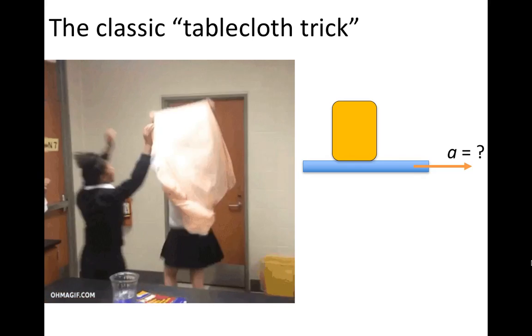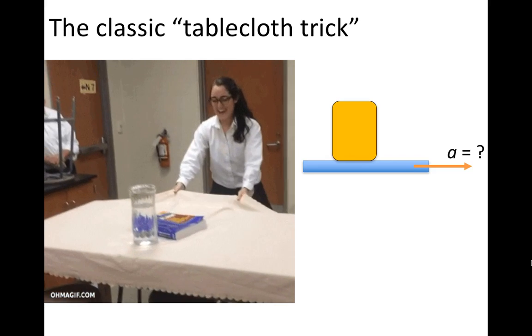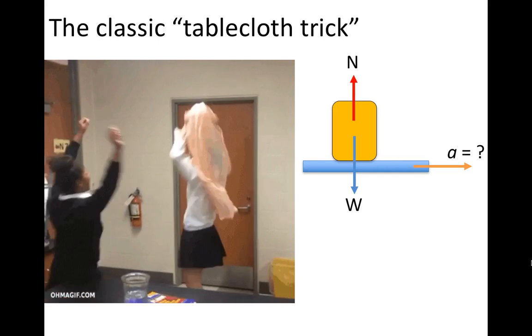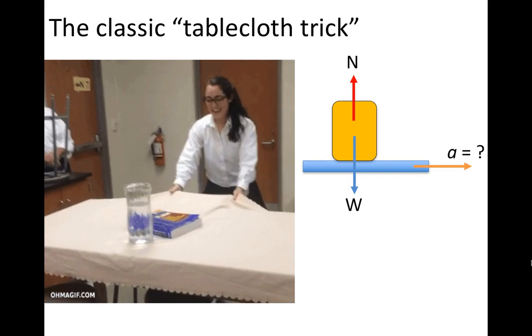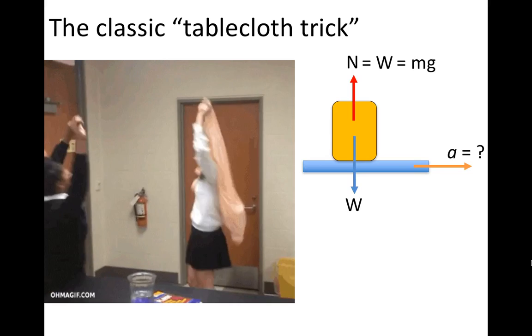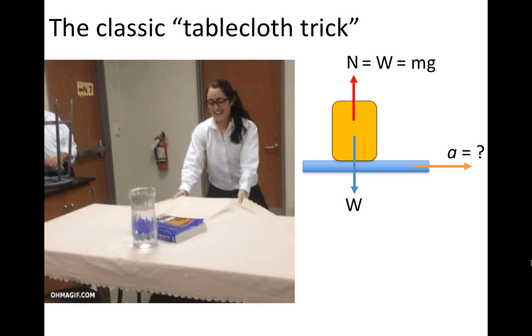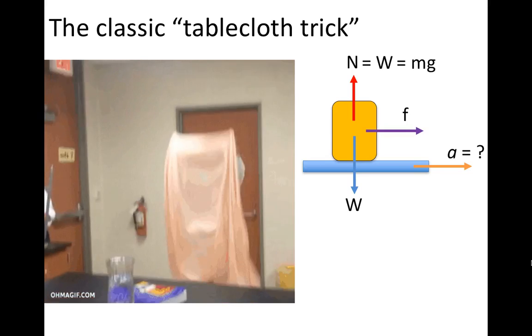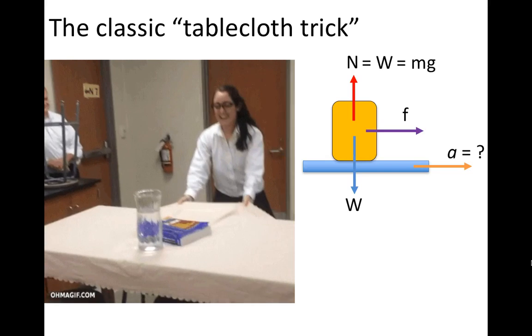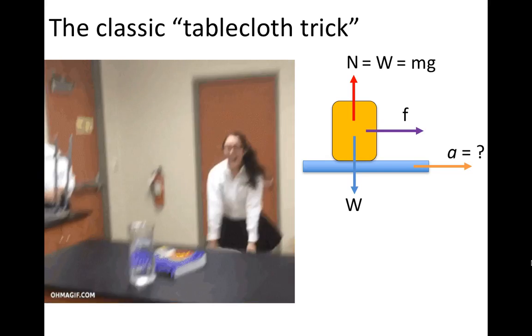Break it down, let's look at the forces acting on the items on top of the tablecloth. They all have weight that acts down. There's a normal force exerted by the tablecloth up that should be equal to the weight, that should be equal to mg. And if the trick is going to fail, there's going to be a sideways frictional force that pulls the items along with the tablecloth.